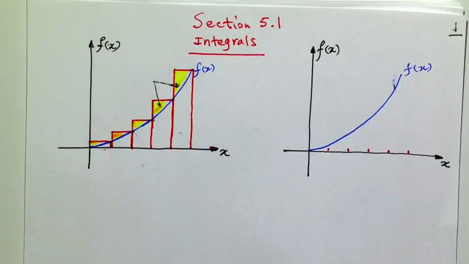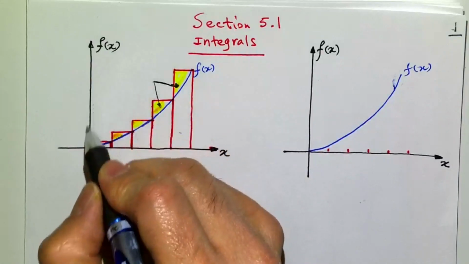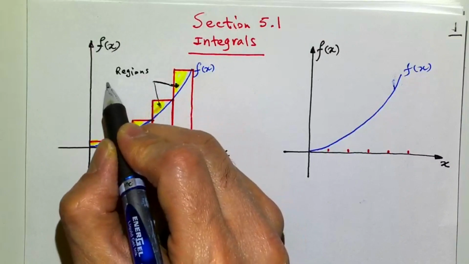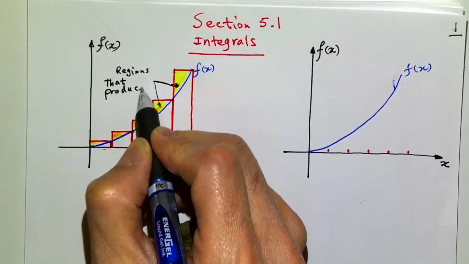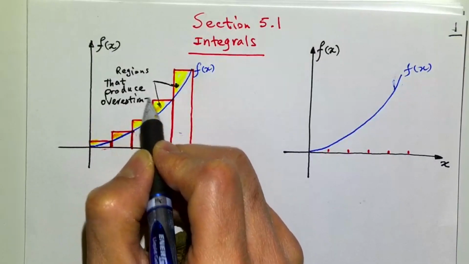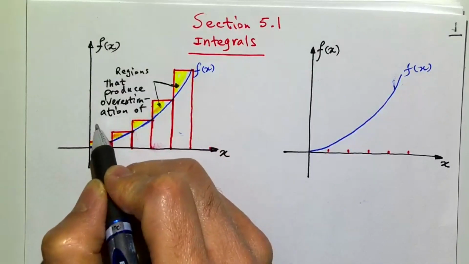These regions that produce overestimation of the area.